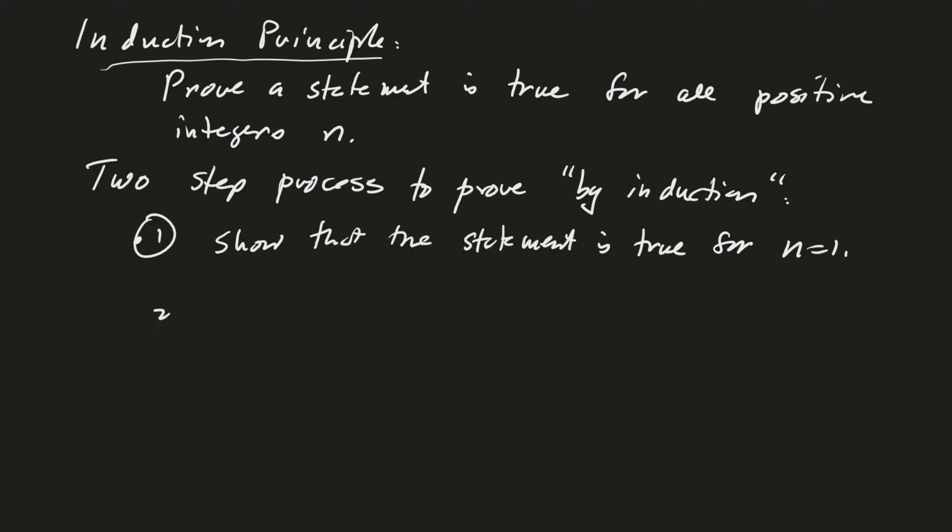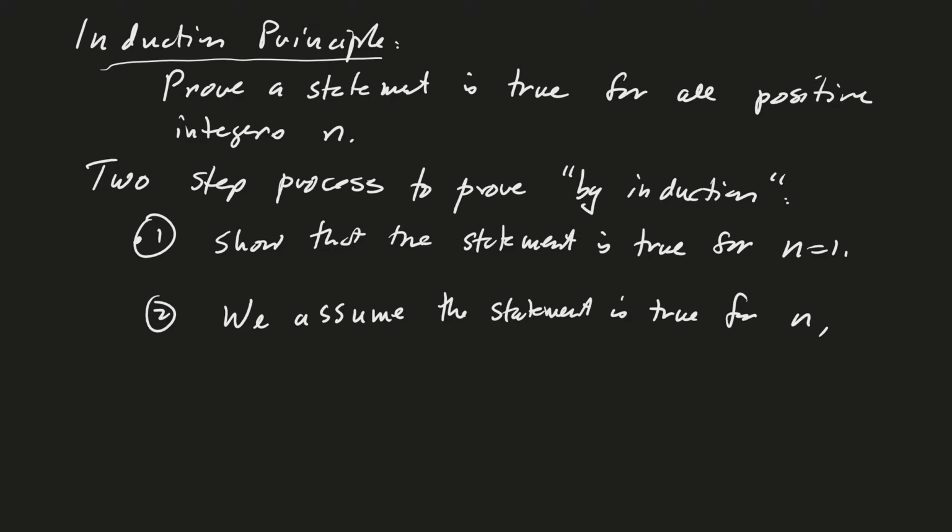Now the second thing is something that people tend to get confused about, so let me say the whole thing first and then we'll see what happens. We assume the statement is true for, say, n, and then show that this implies the statement is true for n plus 1.